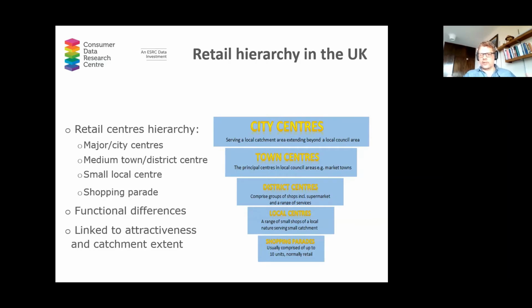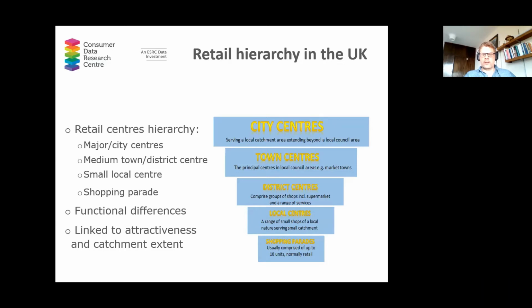Then each of the urban areas will have a number of district centres, which comprise quite a significant number of shops, including some chains, retail chains and supermarkets, and a range of services. And then we have local centres. These are the small centres, but they still have a range of shops serving small catchments. And at the very bottom of the retail hierarchy is something we call shopping parade.